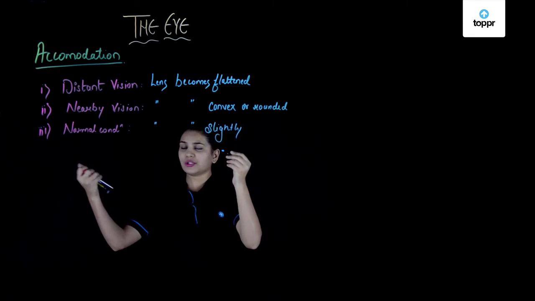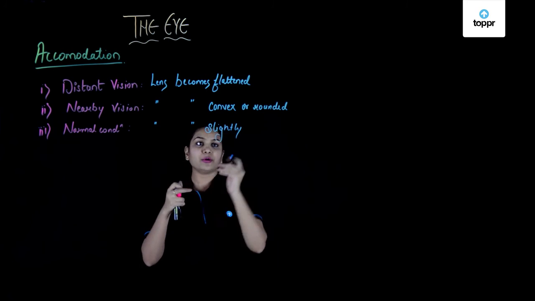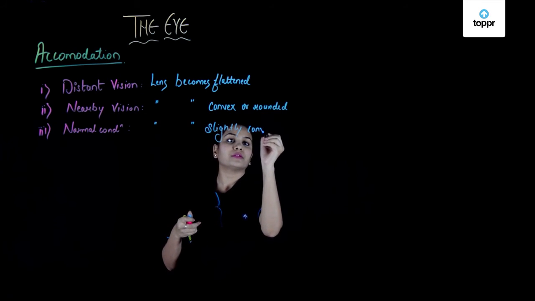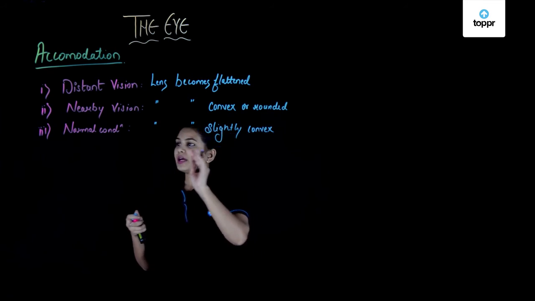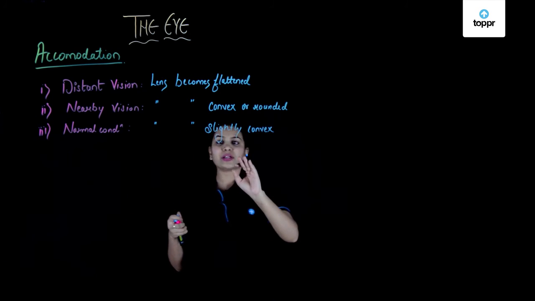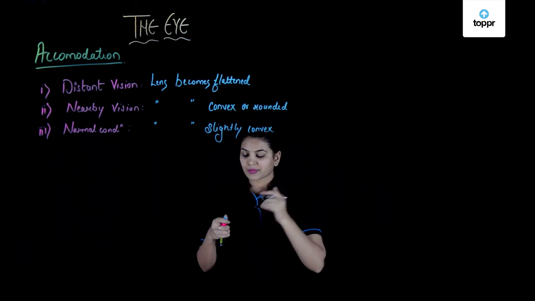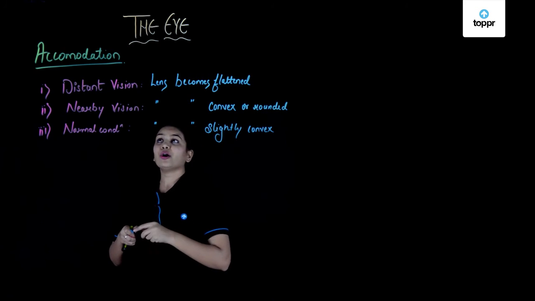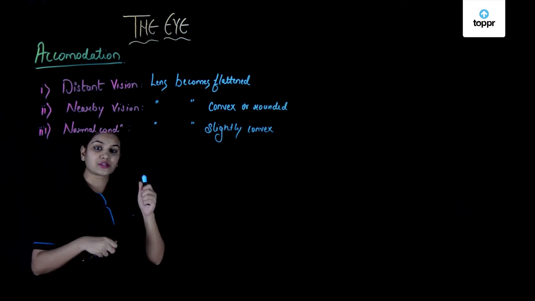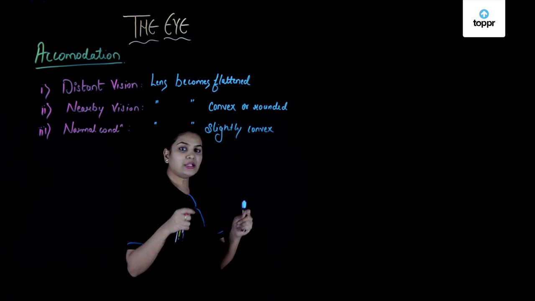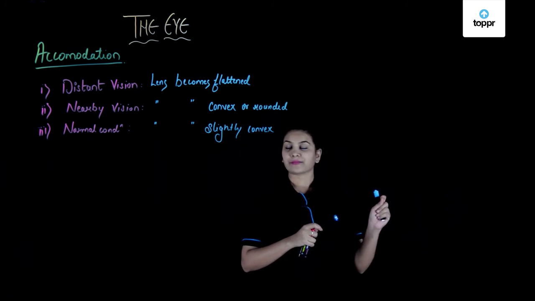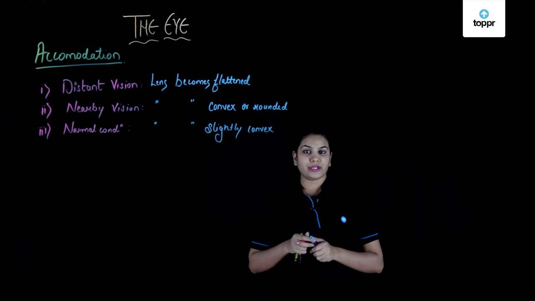This is the normal position or normal shape of the lens. So this is how the lens accommodates itself when it has to focus upon any object at a distance. So this is about accommodation.